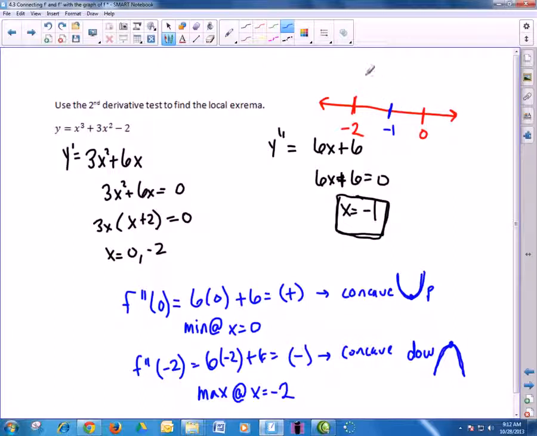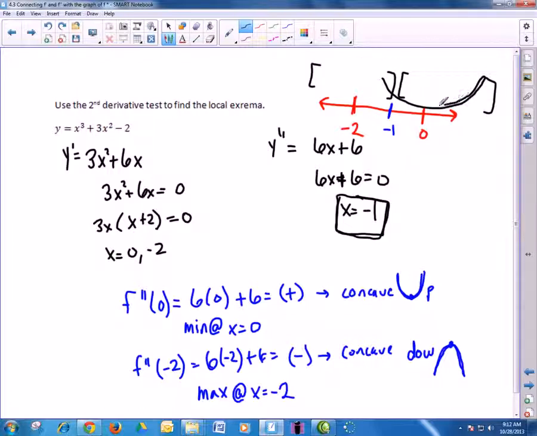Really, all we need to do is determine from negative infinity to negative 1, then from negative 1 to positive infinity, if it's concave up or down. We determined that at 0, it was concave up. So the concavity changes, and our graph might look something like this.